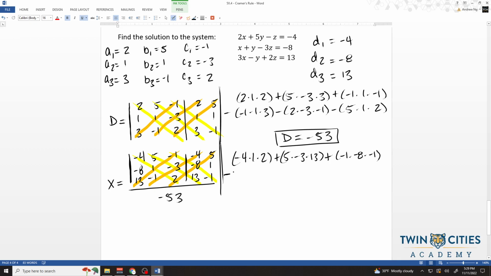So let's write that down. So I'm subtracting -1 times 1 times 13, subtracting -4 times -3 times -1, and subtracting 5 times -8 times 2. And remember, all of this is still being divided by D, which is -53.